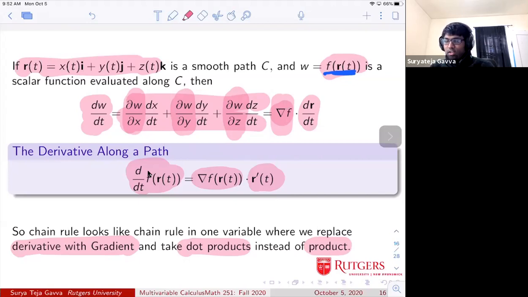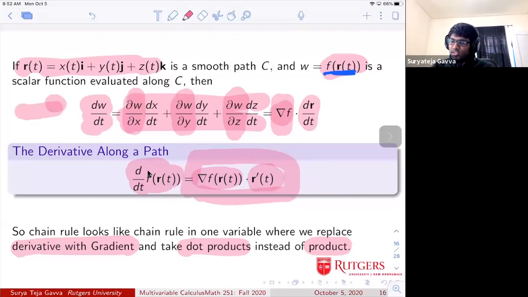But the notion of times is the dot product. Instead of derivative, you make it this gradient. Okay, so you can think of the chain rule as similar to the chain rule for one variable if you interpret all these things like this. Instead of thinking of it as a derivative, think of it as a gradient. And instead of taking the product, you take the dot product.